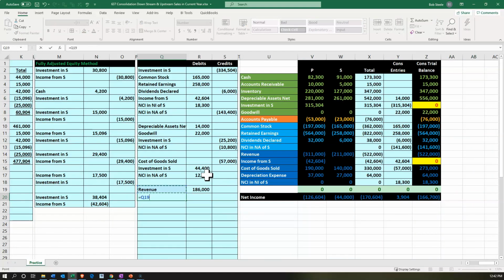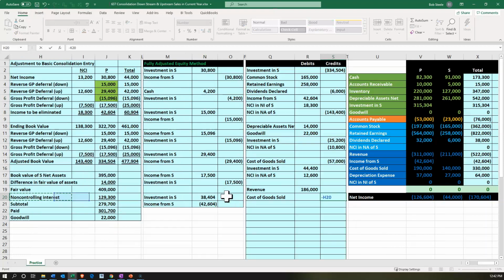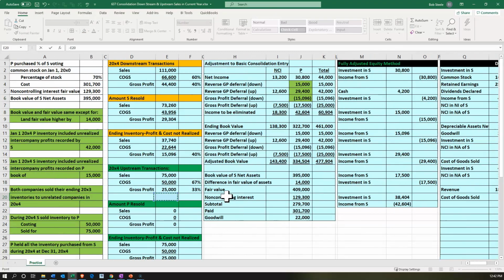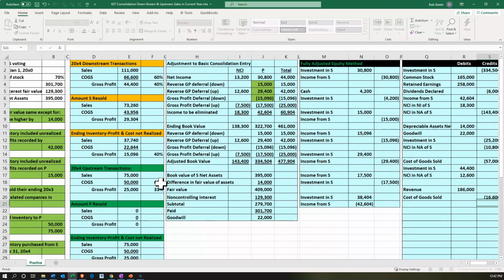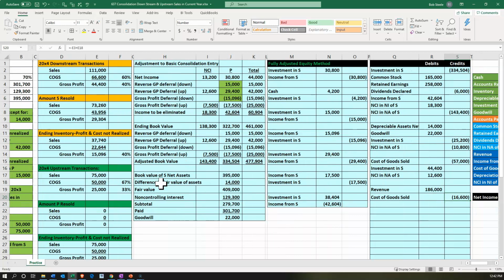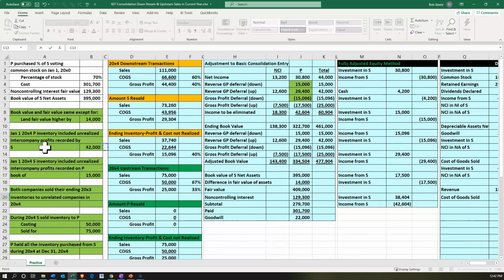And I would think about it this way. The related cost of goods sold would be the percentage of that, or 40%, or we could do it this way. The related cost of goods sold is going to be a negative of, I'm going to do this with two journal entries. It's going to be negative of this 66.6 in our worksheet, the related cost of goods sold, and the 50,000.